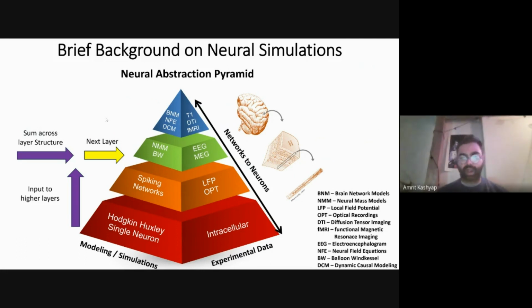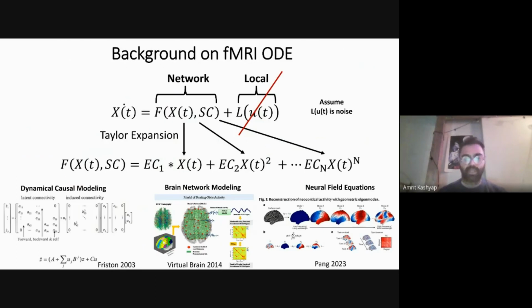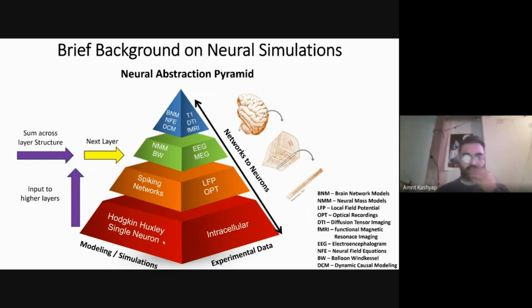A little background on how neural simulations have evolved. At the very bottom of this abstraction pyramid, we have neurons. At the very top, we have the entire cortex. At the very bottom, we have had really good measurements and intracellular recordings, so we have been able to construct almost perfect equations to represent the activity, including the very famous Hodgkin-Huxley equation.